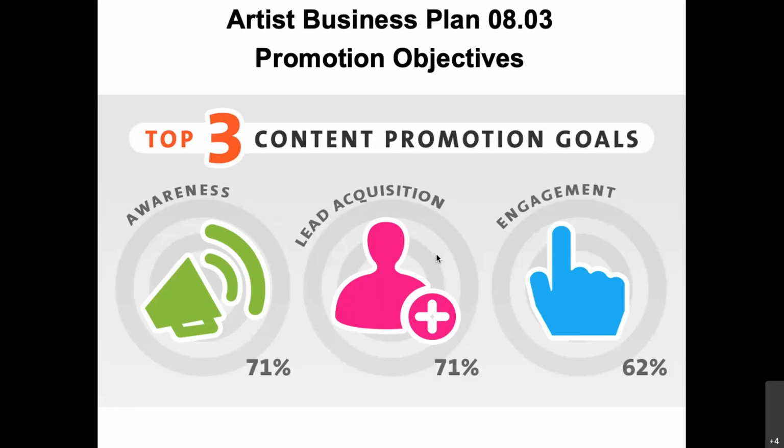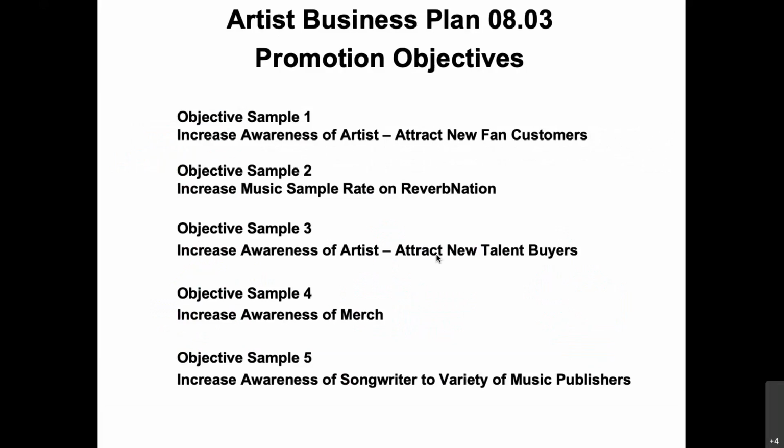For example, the artist wants to increase their streaming by 50% by September 1st. Okay, so you came up with a goal, you were specific, and you put a time frame in there. So now you can look at your strategy to make that happen. So these are some samples right here.